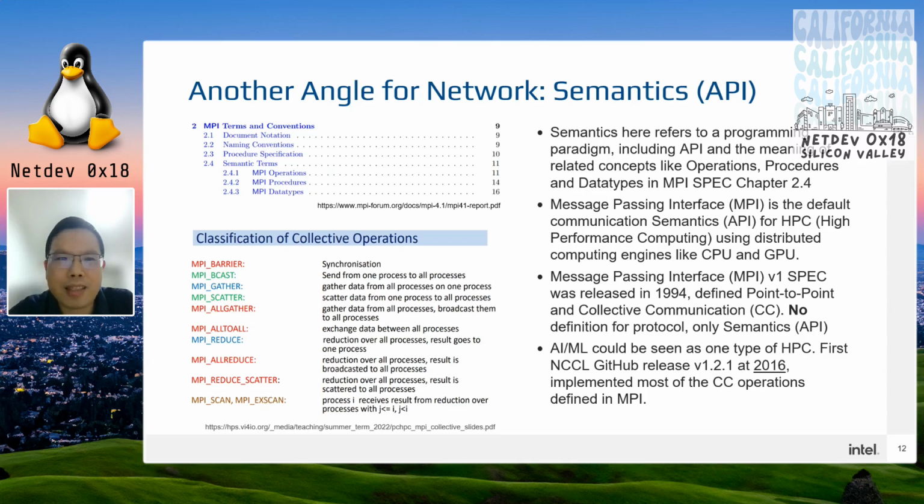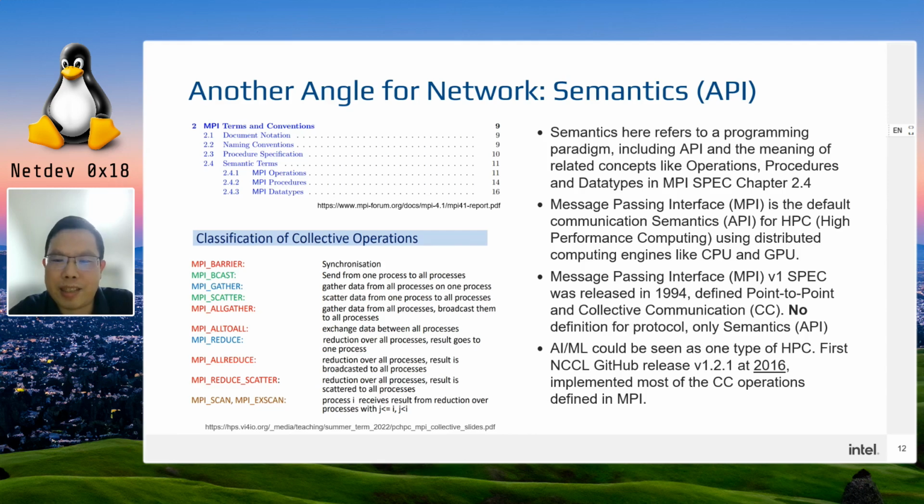It just defines the API and the behavior behind this API. The API and the meaning of the API, we also call the semantic of the network. And we just use this as one example.